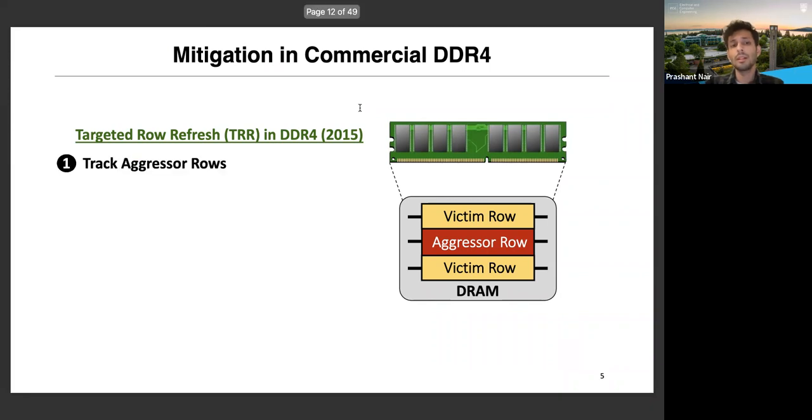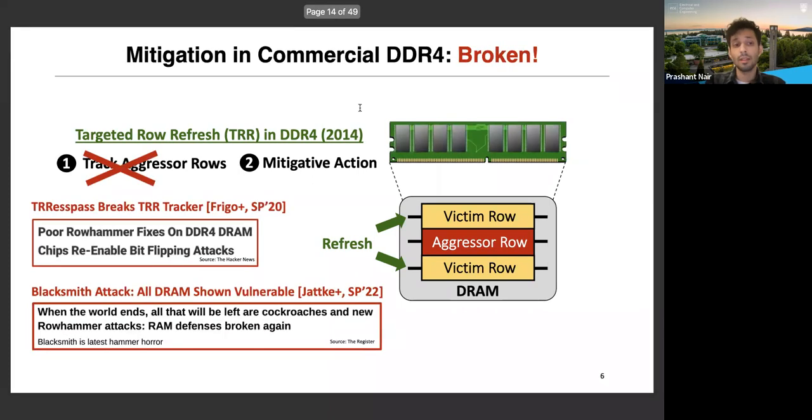The first mechanism tracks aggressor rows, and the second mechanism issues mitigative action, in our case, a refresh to the victim rows. Unfortunately, targeted row refresh or TRR is broken. Two papers, TRRespass and Blacksmith, showcase how one can break TRR trackers and thereby overcome its defense.